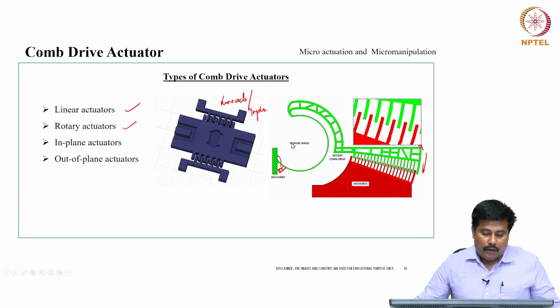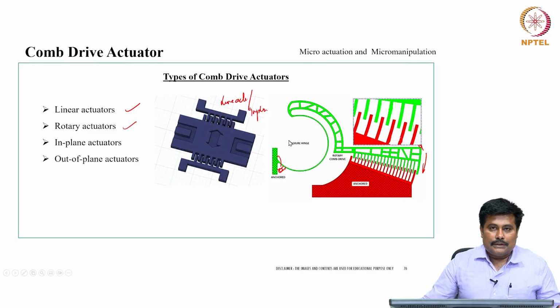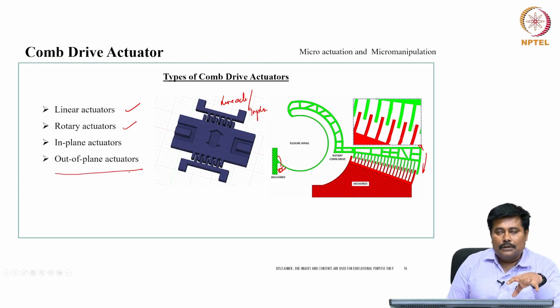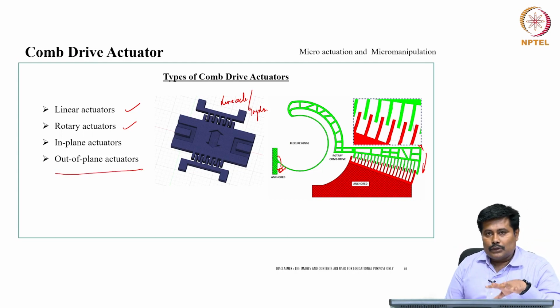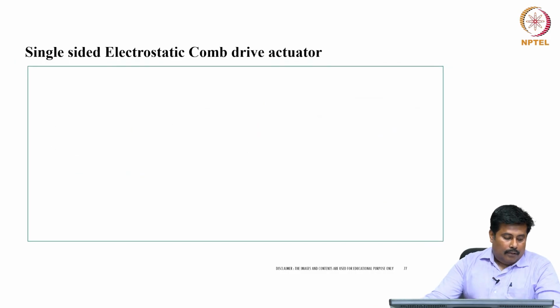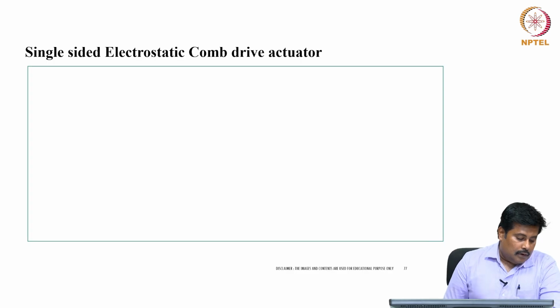There is one more kind of actuator. Apart from this, there are out-of-plane actuators also. Out-of-plane comb drive actuators are used effectively for different applications. Now, we can also discuss one of the important types of actuator, which is called a single sided actuator.